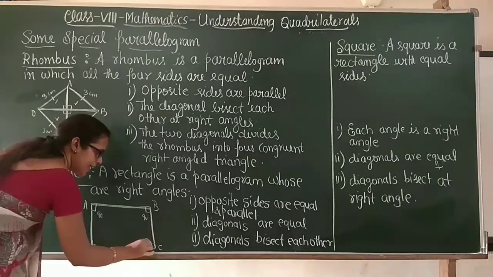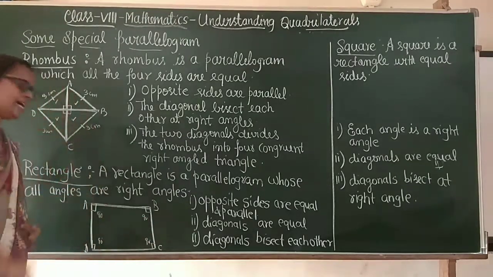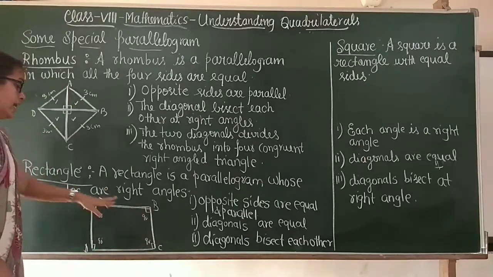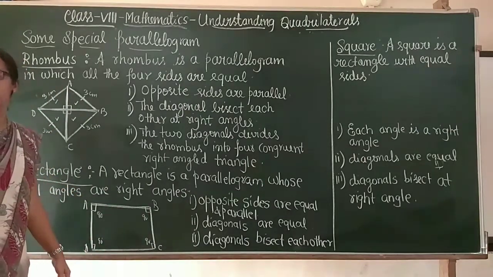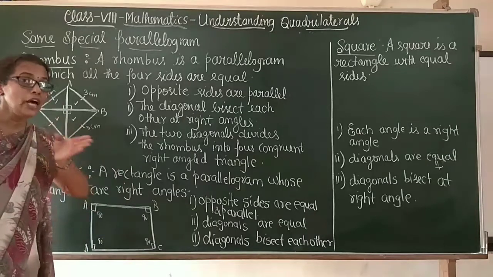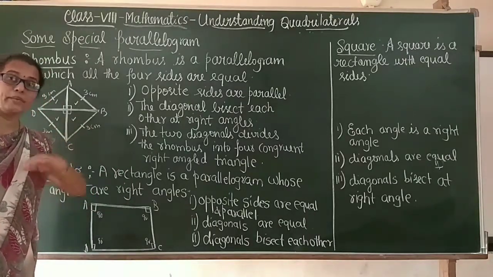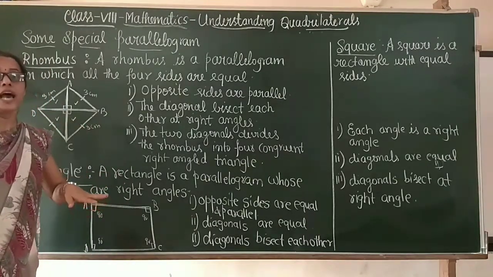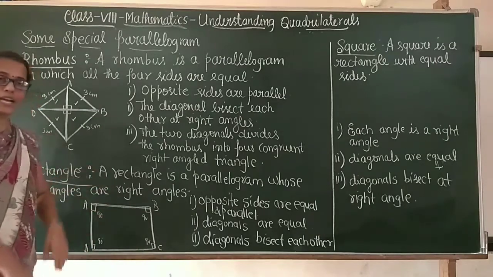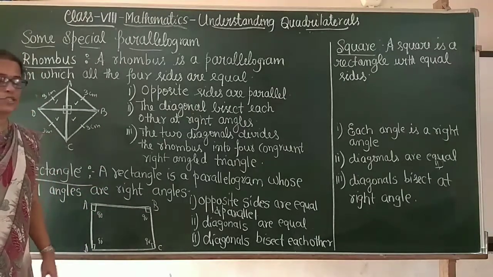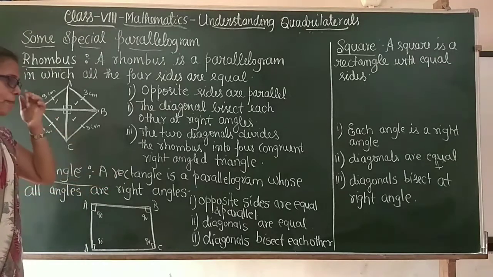Right angle means 90 degrees. Yes, all angles are 90 degrees. But in a parallelogram, all angles are not 90. Okay, children. But the other features apply here, so we say it is a parallelogram. Understood?